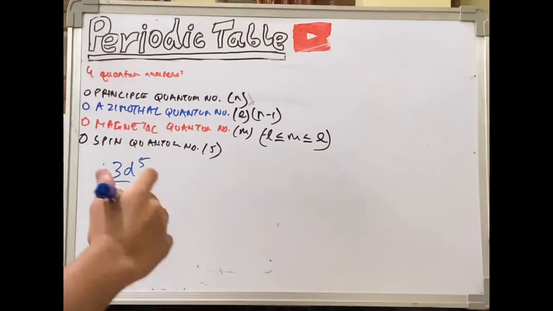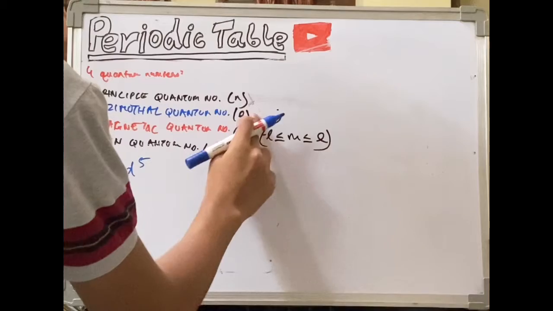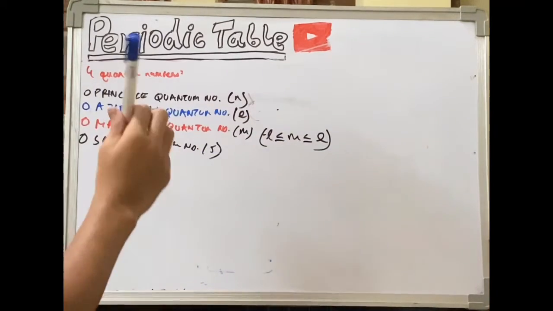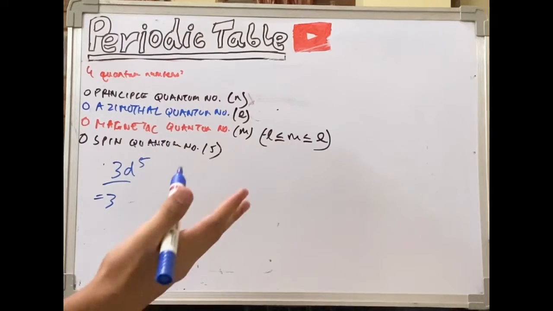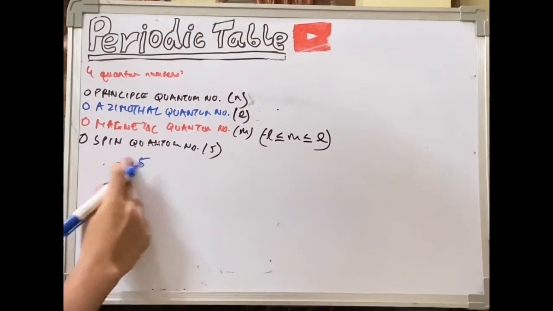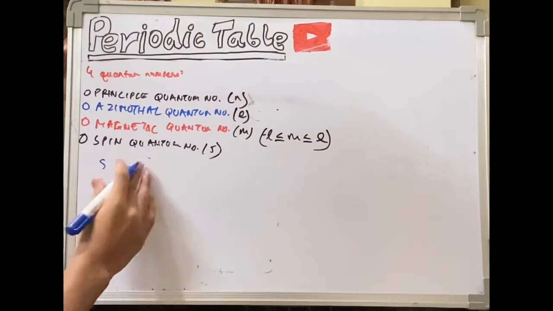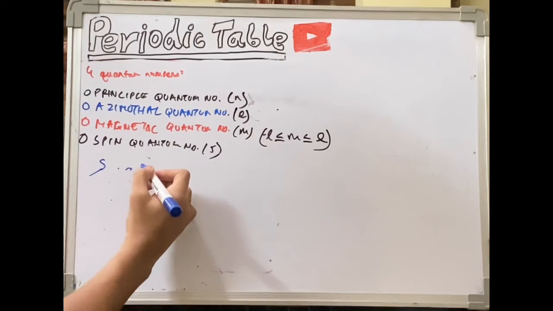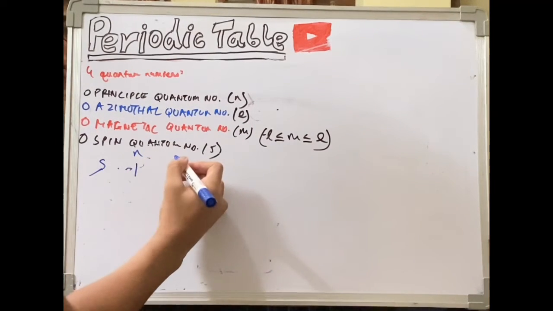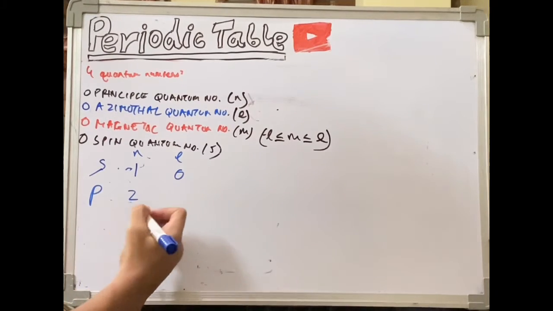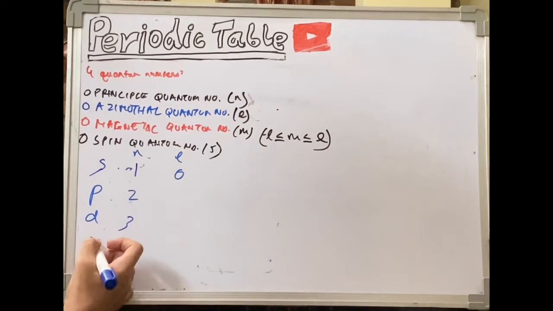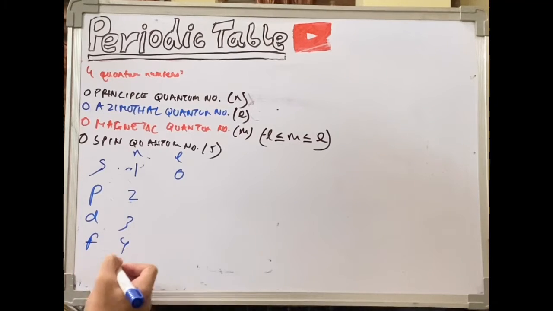Now the azimuthal quantum number: for s it is n equals 1, l is 0. For p it is 2, then for d it is 3, for f 4, for g 5.